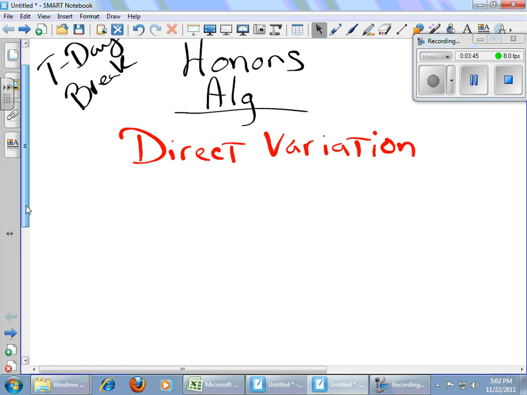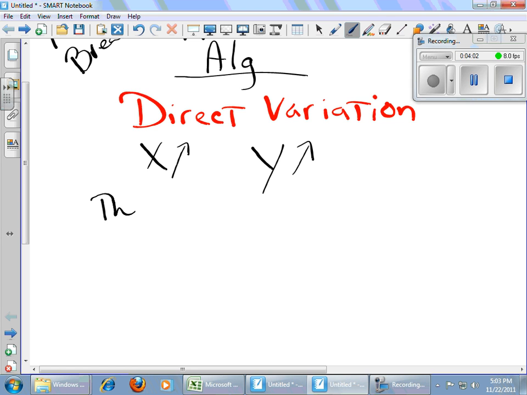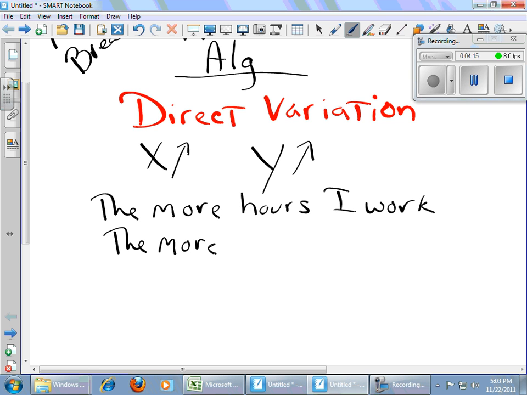Okay, direct variation. We're talking about two variables. We're talking about x, and we're talking about y. And the key for direct variation, that is x increases, y also increases. For example, the more hours I work, the more money I make.